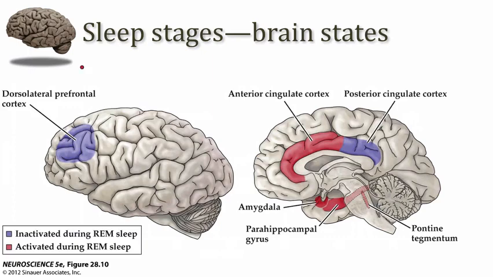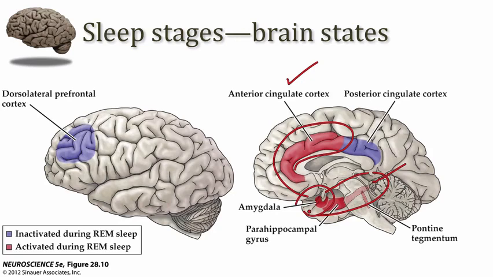Specifically, those areas that are increased include structures that are in the medial parts of the forebrain, structures associated with the limbic forebrain, such as the anterior cingulate cortex, our medial temporal lobe memory system in the parahippocampal gyrus. Just in front of that, we have the amygdala.